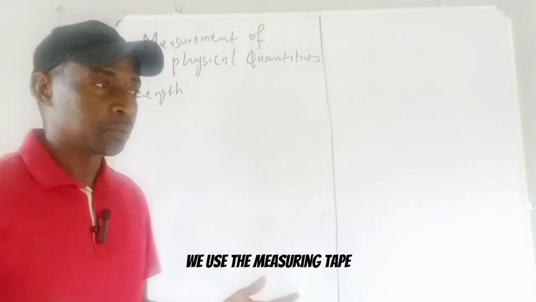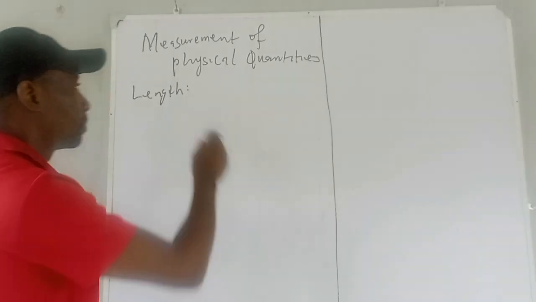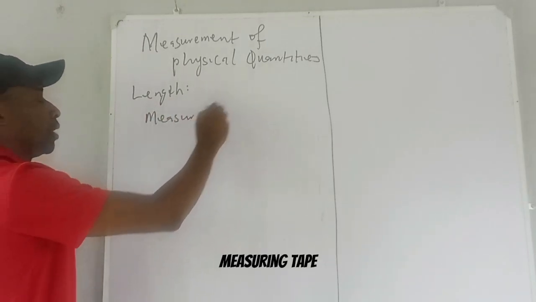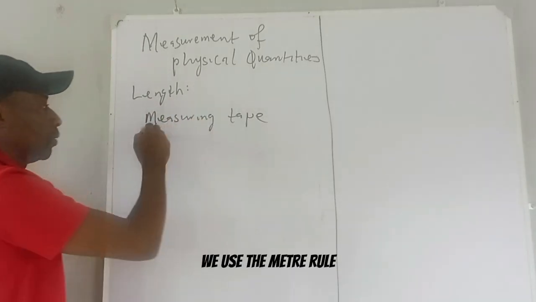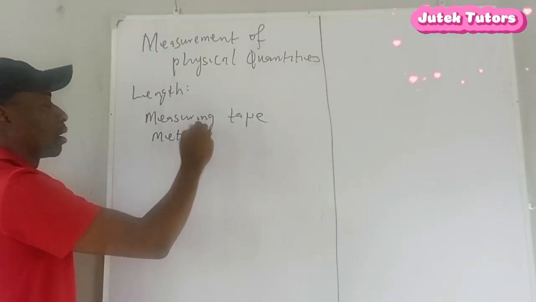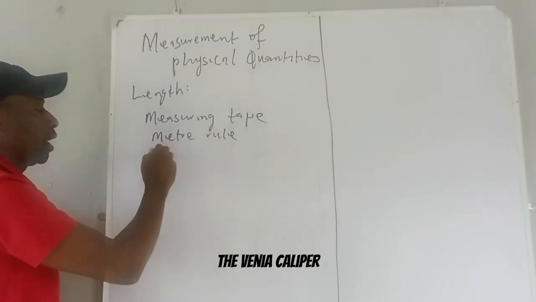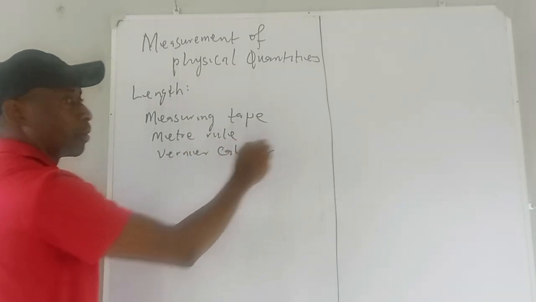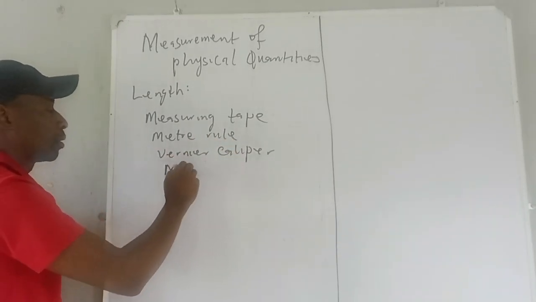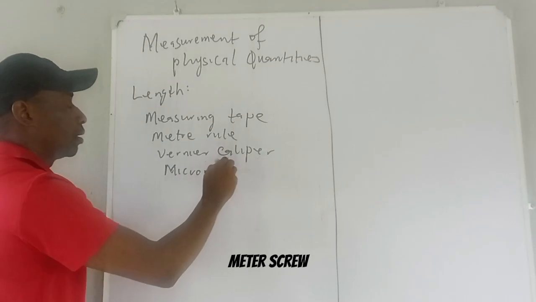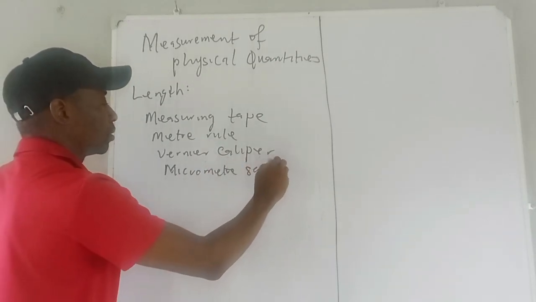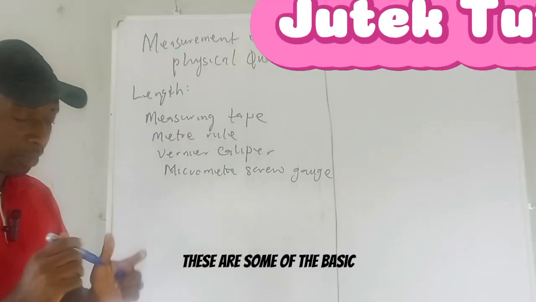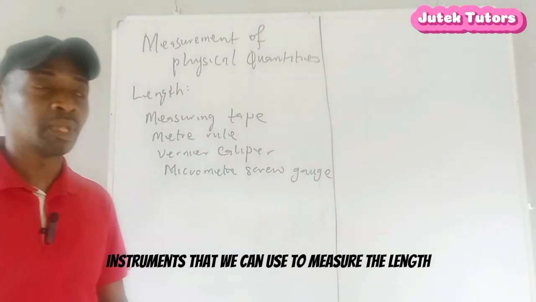We use the measuring tape, the meter rule, the vernier caliper, the micrometer screw gauge. These are some of the basic instruments that we can use to measure the length.